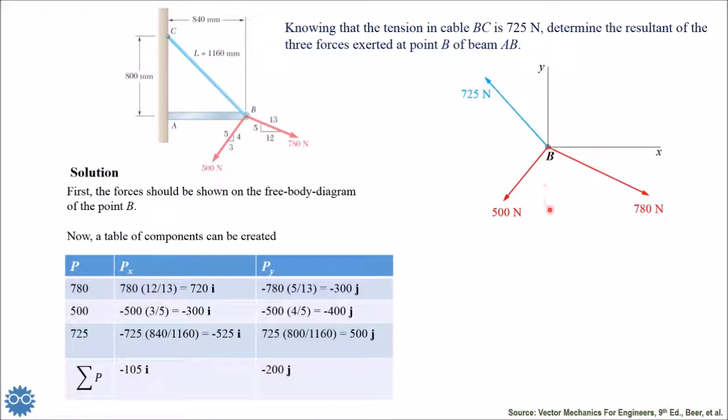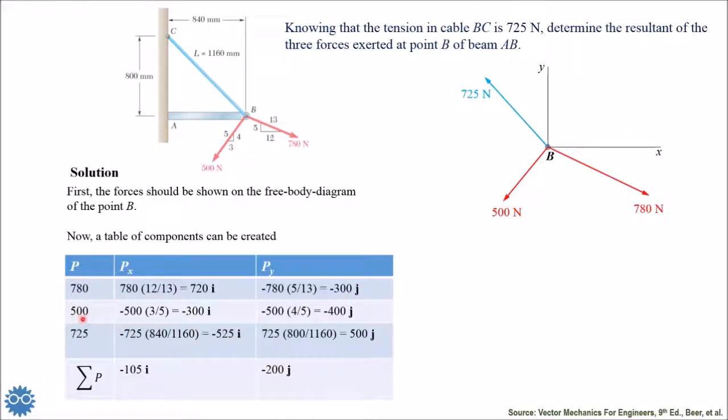Downward means in the negative direction of the positive y. So that's why we put negative here, because we assumed that the positive direction of the vertical component should be upwards. So here we put the minus, and j is the unit vector in the y direction.